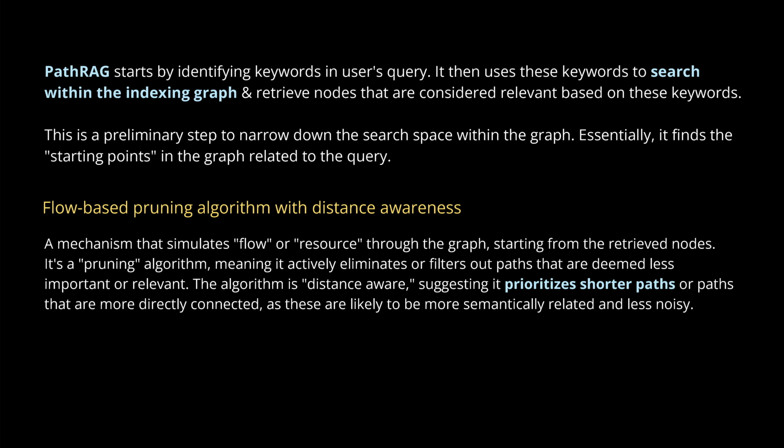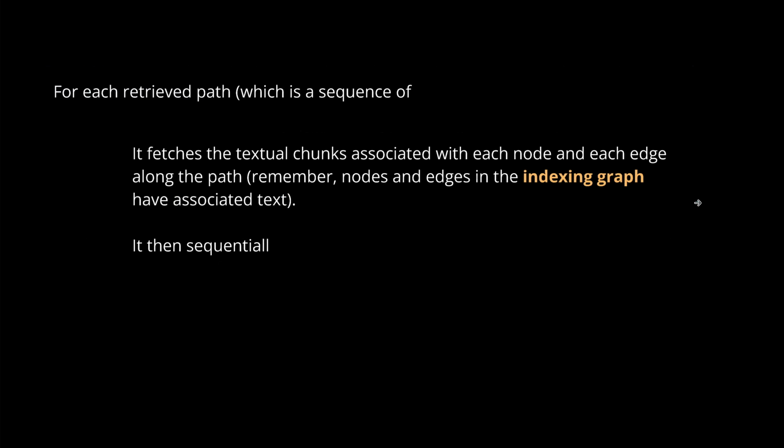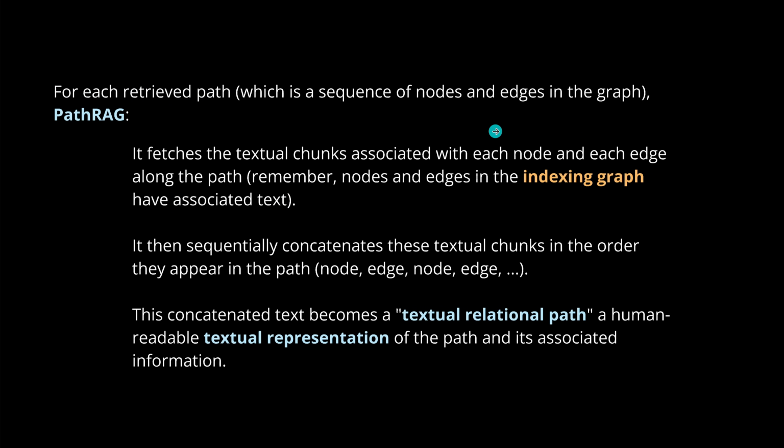So whatever specific parameter of graph theory you apply, you can prioritize shorter paths or paths that are more directly connected. And this means that hopefully they are more semantically correlated and less noisy. Plus, we can assign a numerical value and a reliability score to each path, and this will allow us to rank those pathways.